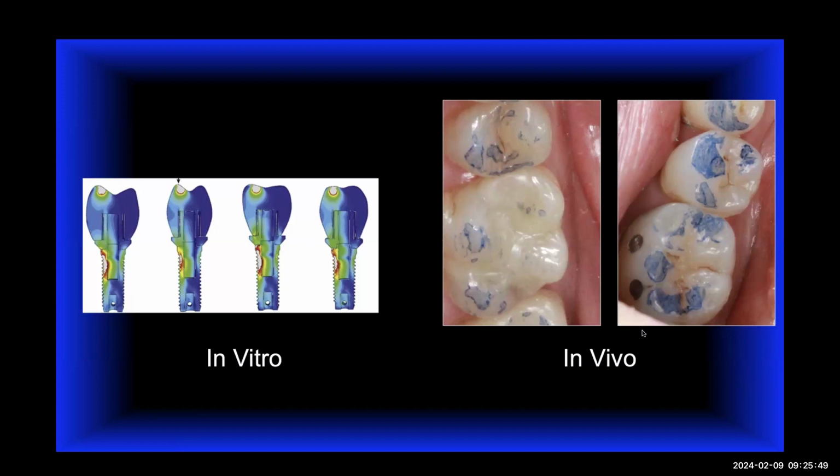And as for in vivo studies, to do studies on humans, we really can't do that because we can't say, okay, Mr. Smith, on your right side, we're going to put these crowns in and we're going to put them in hyperocclusion. And on the left side, we're going to put them into ideal occlusion. And we just want to see what will happen. That's unethical. So that's why there really aren't any in vivo studies, because it's a difficult subject to actually study.